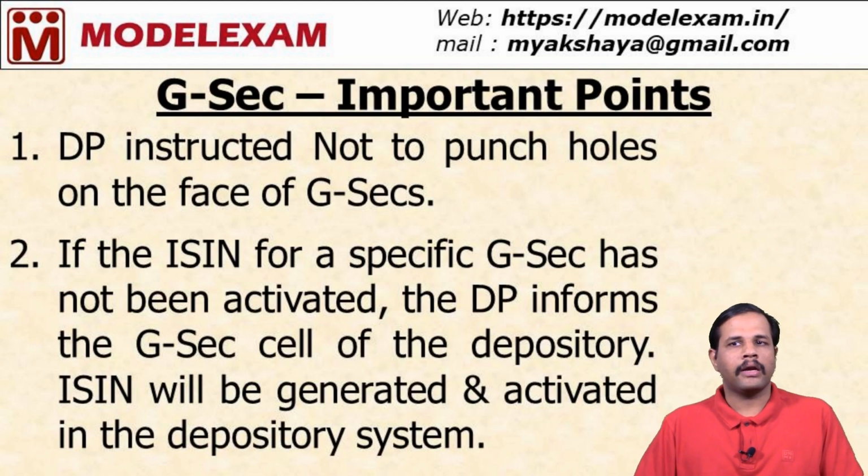In case an ISIN is not allotted for a particular government security, the DP will write to the government security cell of the depository, and the depository in consultation with RBI will allot an ISIN for that particular government security. Only then can the demat process be initiated.